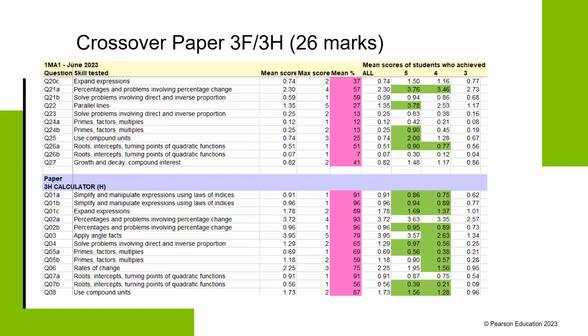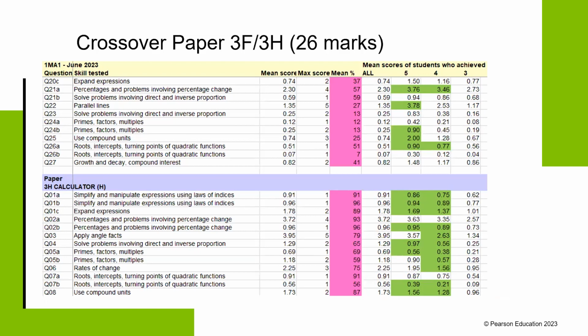We can definitely see there's excellent outcomes for their percentages. There was a percentage change question towards the end that was okay. I mean, there were 4 marks. We've got grade 5 at 3.76 and 3.46 as average marks, but I will pick up some of those percentage change problems that we saw through the marking.